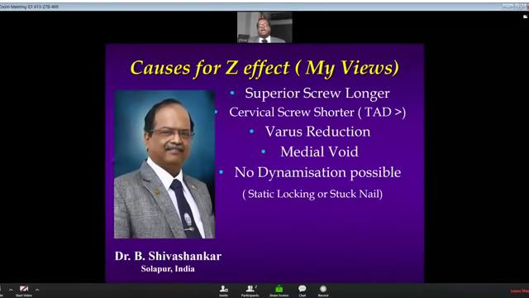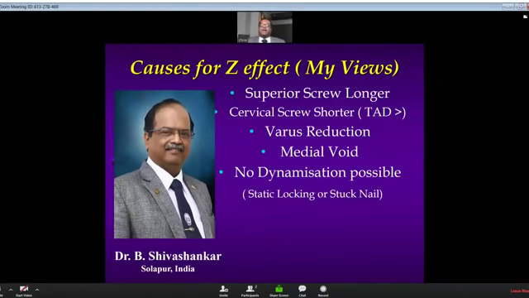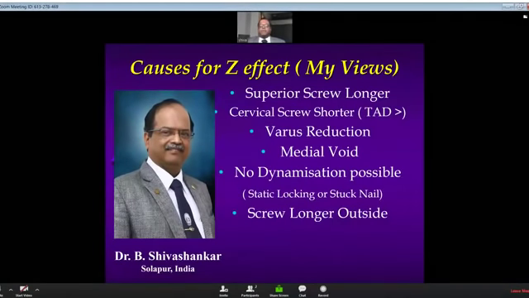But I feel about 5% of people require dynamization, which is available only in the dynamic hole of the nail. That makes the difference. If you can do dynamization in time, that problem can be solved. But unfortunately, our patients may not come in time. To avoid that, I try to do dynamic locking from day 1.